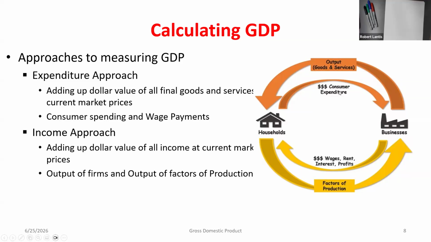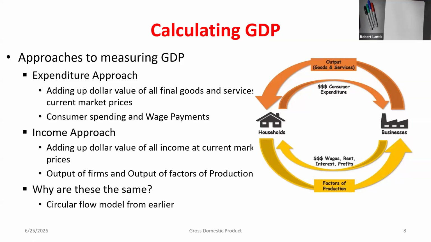They should always match each other. We said this earlier: anytime there's an expenditure, someone is making money, or there is income. So those should always go hand in hand. It doesn't matter if we measure our GDP by expenditures or by income, they should give us the exact same values, okay? So this circular nature of our economy becomes important when we're thinking about the two ways that we can calculate GDP.